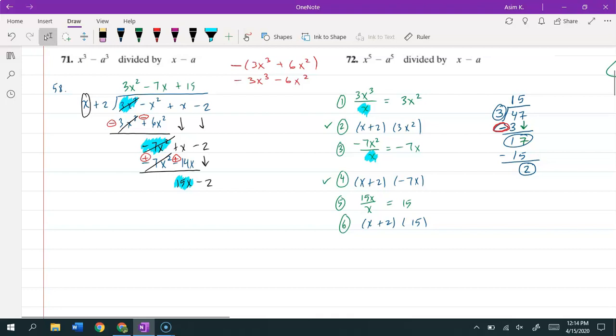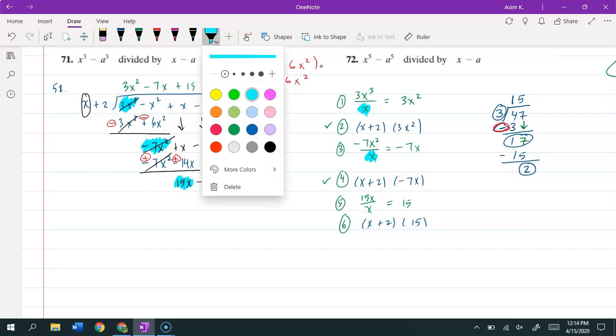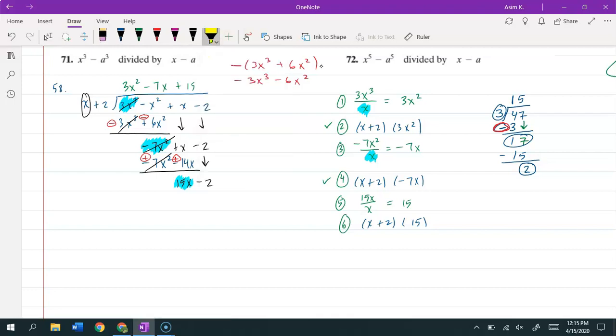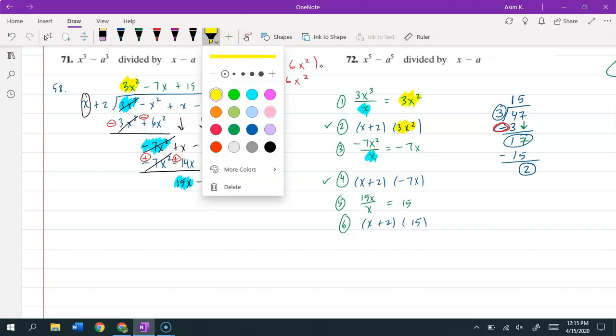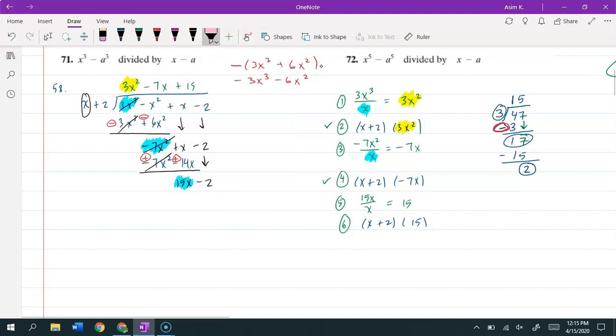So notice where these things are showing up. I'll just highlight this for you. So 3x squared, and you multiplied it by 3x squared. Where did you get that 3x squared? You got it from the top, right? We're running out of colors here, but negative 7x, where did you get that negative 7x from? Right over here.